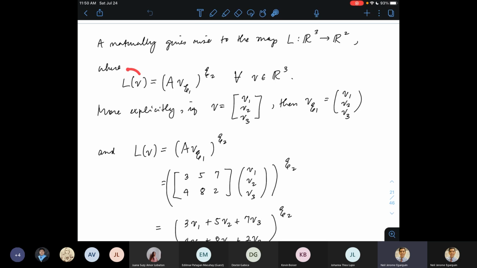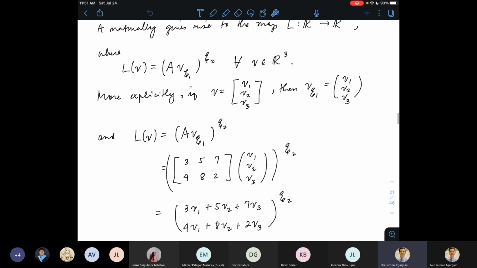We learned that the image of a vector V under the mapping L is actually equal to the matrix representation times the coordinate vector, and then whatever the product is, we translate it back in terms of the second ordered basis.